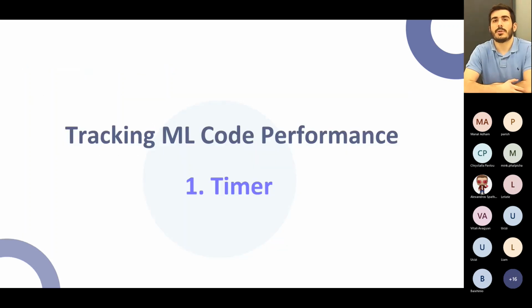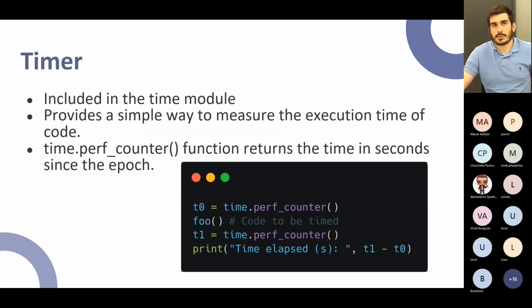So for the second section of this lab, we will be discussing how to track machine learning code. The first way is by using a timer. The time module is already included in Python, and it's a built-in module. It provides the time since epoch.